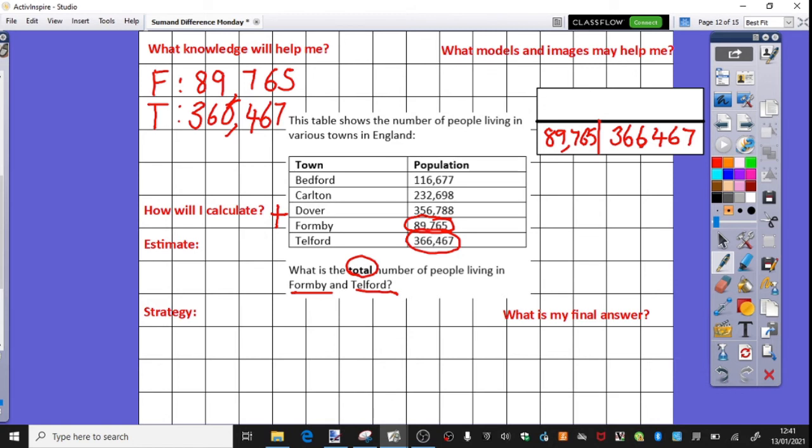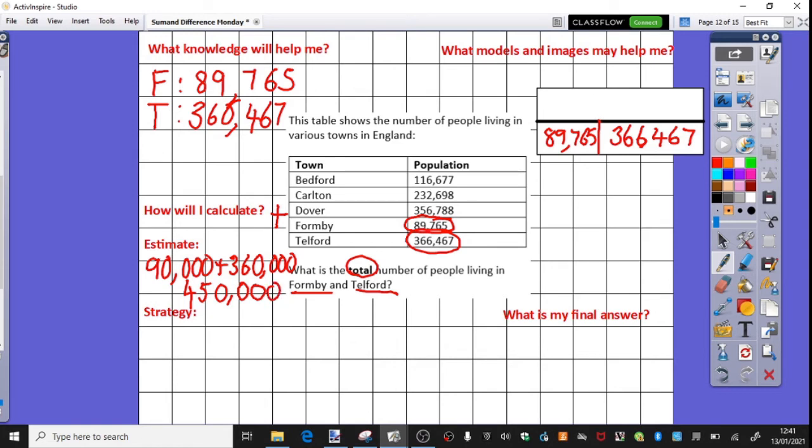It says down here I might estimate. Well, I like to do quite a rough estimate, so I'm going to say it's roughly about 90,000 add 360,000. So I'm looking for my answer to probably roughly be, I can use that rounding and adjusting from last week, probably about 450,000.